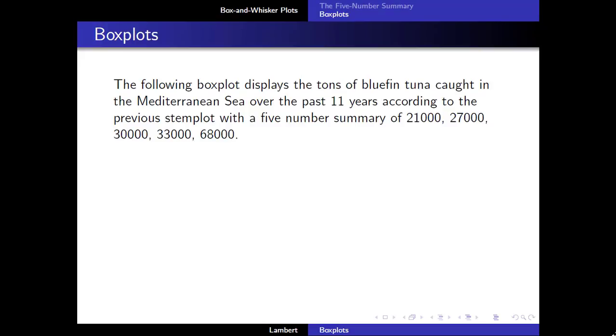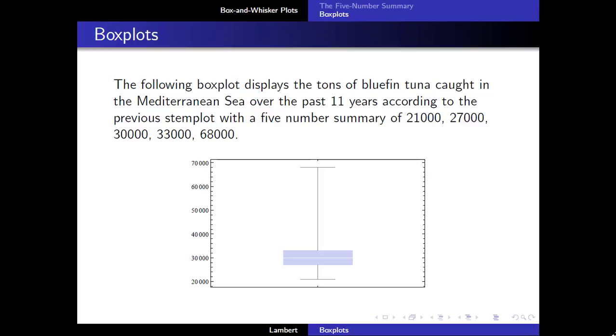We had our five-number summary being 21,000, 27,000, 30,000, 33,000, and 68,000. When we piece all that together, we have that box between 27,000 and 33,000, the line in the center of the box at 30,000, and then the whiskers extending to the small and large value.